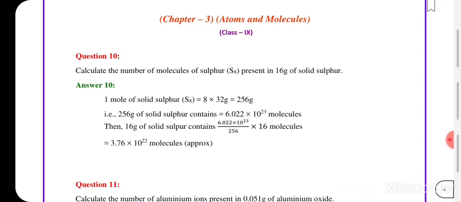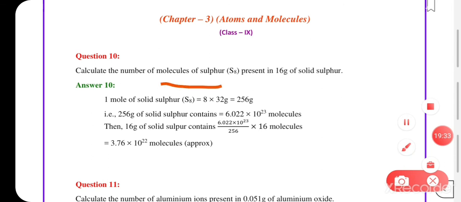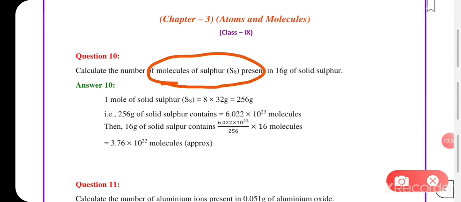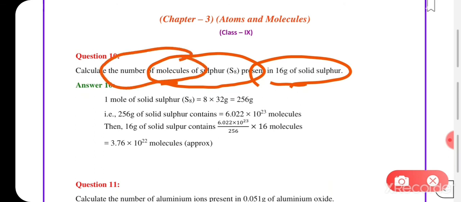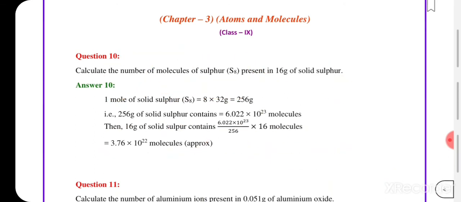In question number 10, calculate the number of molecules in 16 grams of solid sulfur. Whenever you have to find the number of atoms or number of molecules, this type of question comes, you have to remember Avogadro's number, the mole concept.